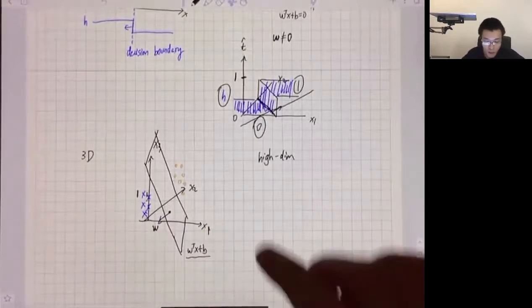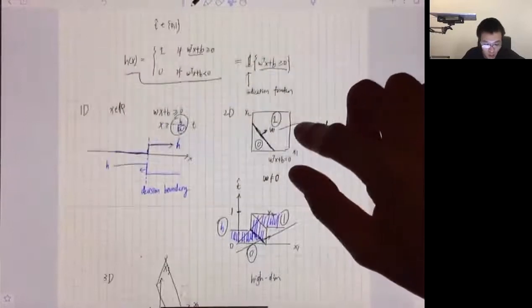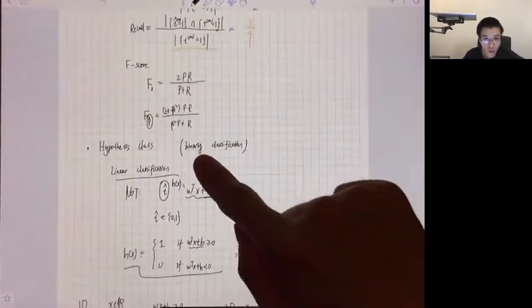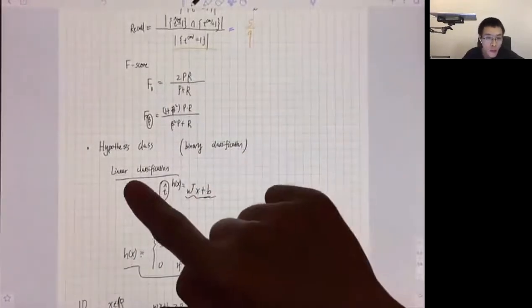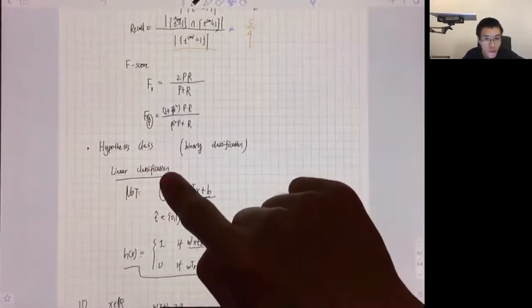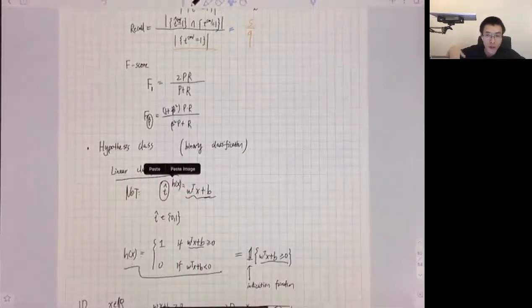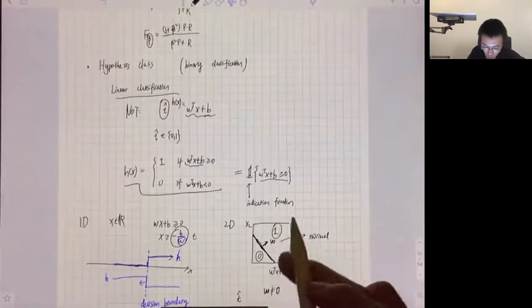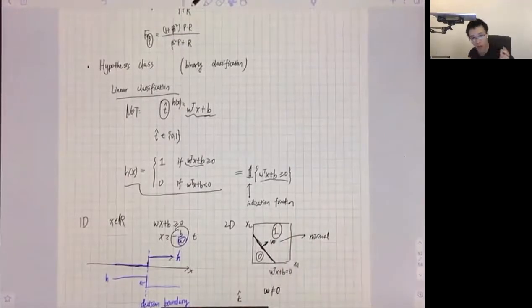So this is the hypothesis class. We're going to work on binary classification first, and then think of linear classification, where my decision boundary is a linear line or linear hyperplane, given by a linear equation. It fully specifies my decision boundary. And then the hypothesis is a step function based on my decision boundary.